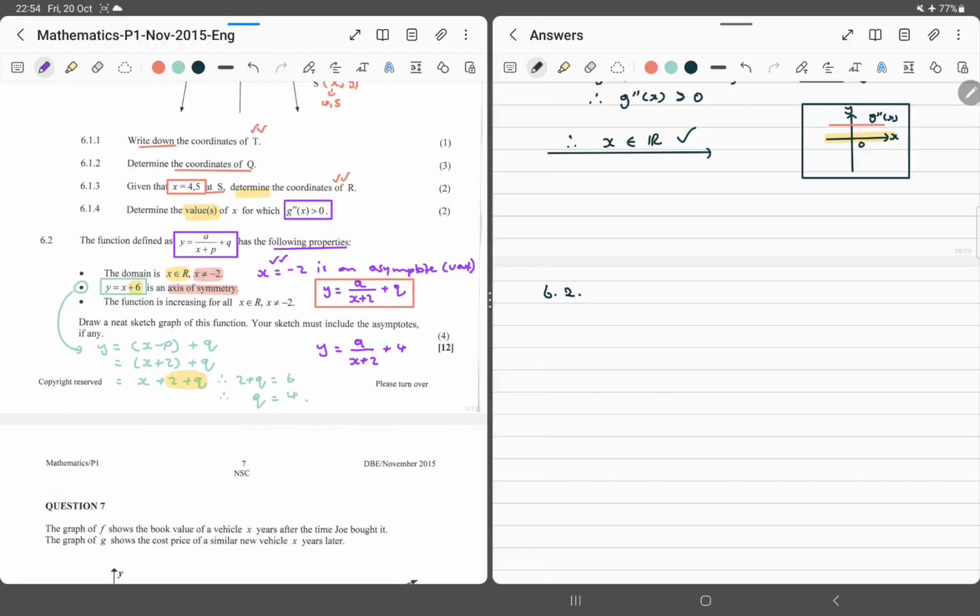And then we are told here, in the last bullet, that the function is increasing for all x element of real numbers except our asymptote. So if this is increasing, it means a is less than 0, right?